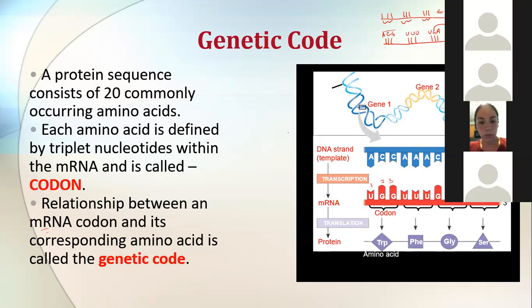When it is GGC, then the cell needs to make glycine amino acid. So inside the genetic code, each codon has a specific meaning. So the relationship between this codon and the amino acid is called the genetic code, or you can say the representation of the relationship between the codon and the amino acid is the genetic code.